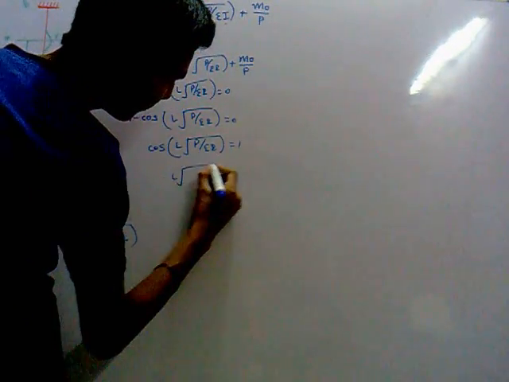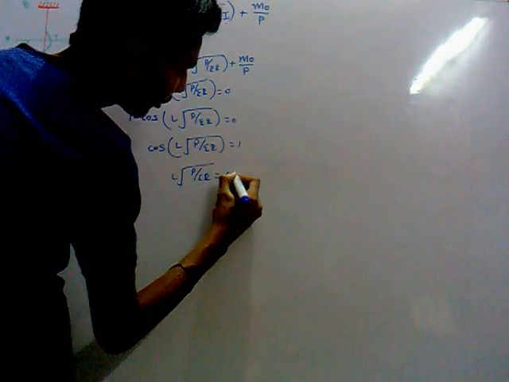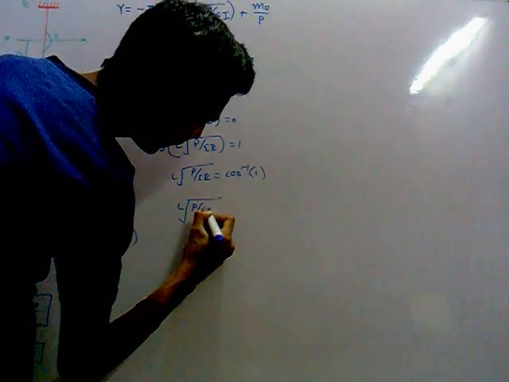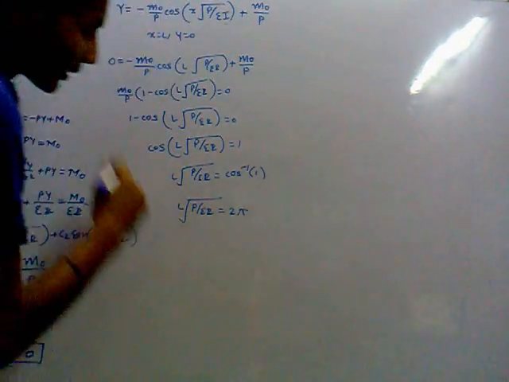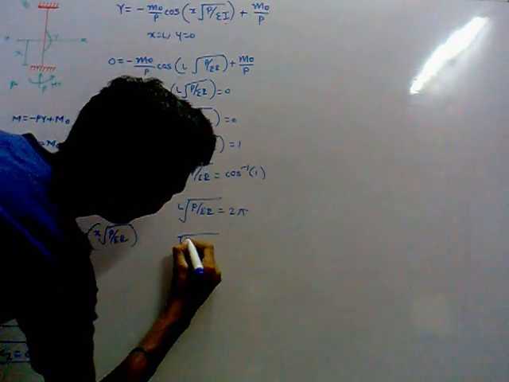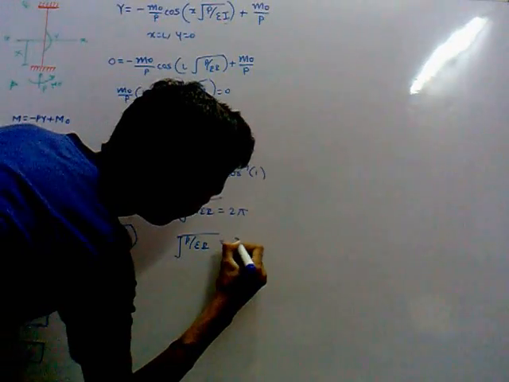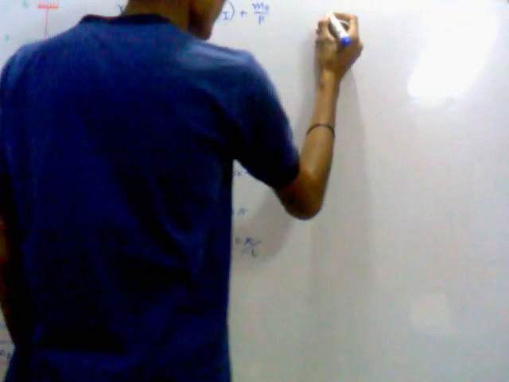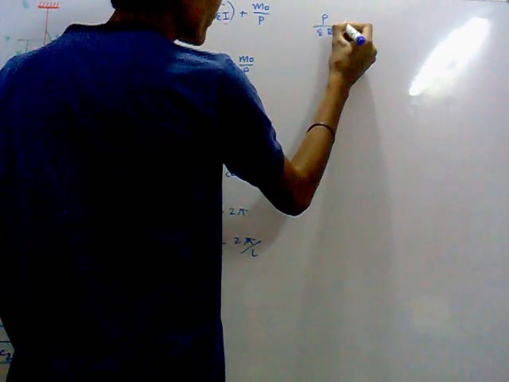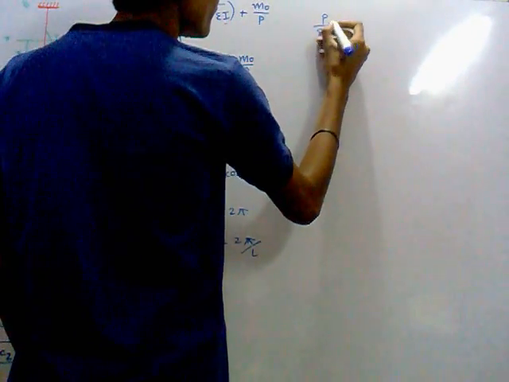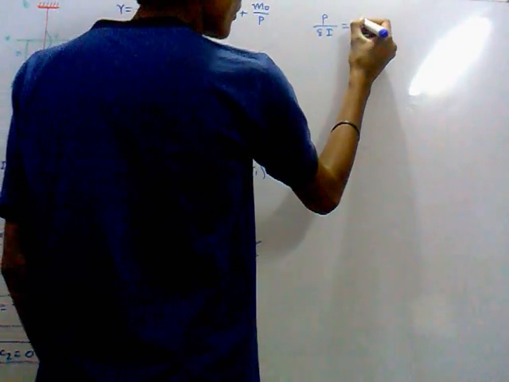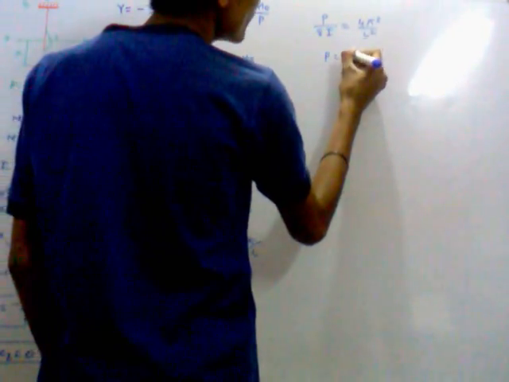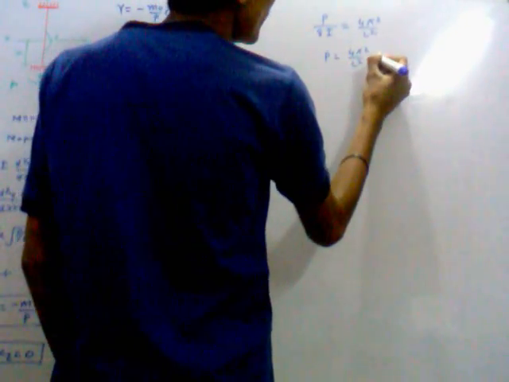So L under root of P upon EI equals twice pi. So under root of P upon EI equals twice pi by L. Now I take the square, so P upon EI equals 4 pi square upon L square. So P equals 4 pi square upon L square into EI.